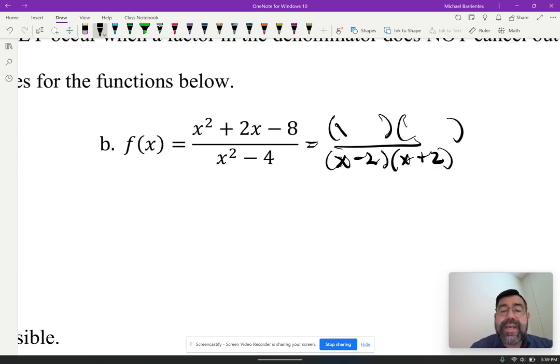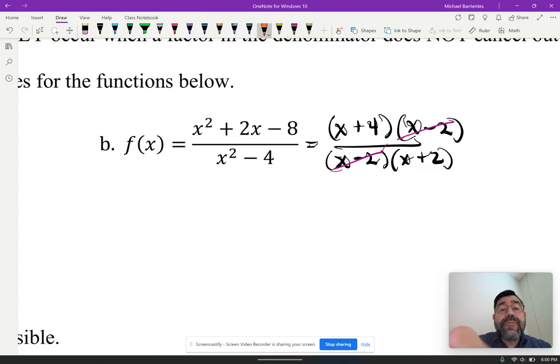I can factor that into x plus 4 and x minus 2. Can I reduce anything? I can. These are going to reduce. And what that means is that there is a hole in the graph, a point discontinuity, a removable discontinuity. I'm saying all the names of the same thing in the graph at x equals 2.